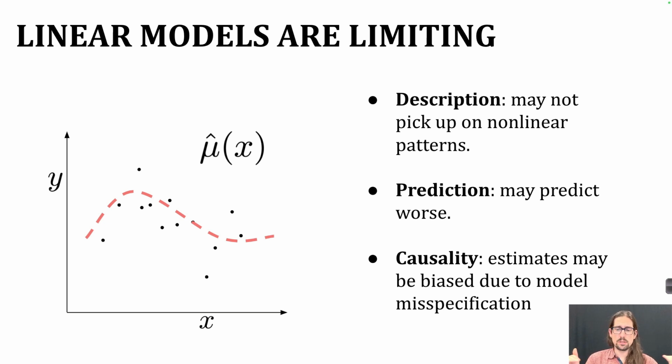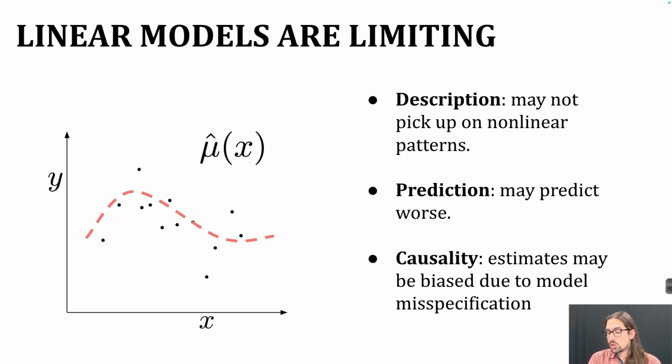It says there's nothing going on here. Now, of course, you shouldn't interpret that to mean there's nothing going on. You should interpret that to mean that the best fitting line is flat. That doesn't mean that the relationship is actually a flat line. It could be a U shape, right? But that means that, okay, if you're trying to interpret that descriptively, that's obviously very limiting.